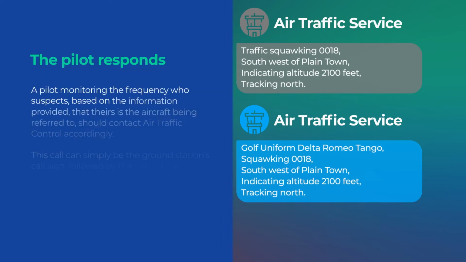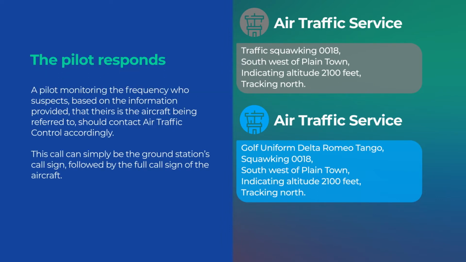A pilot monitoring the frequency who hears such a call and believes, based on the information provided, that theirs is the aircraft being referred to, should contact their traffic control accordingly. This call can simply be the ground station's call sign, followed by the full call sign of the aircraft.